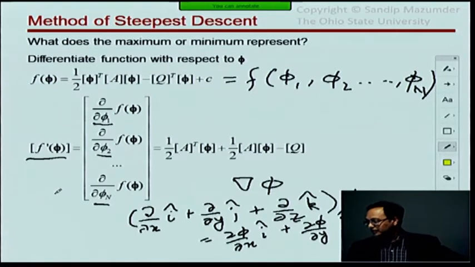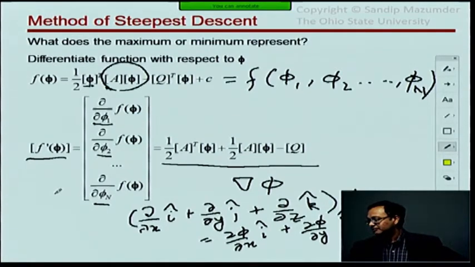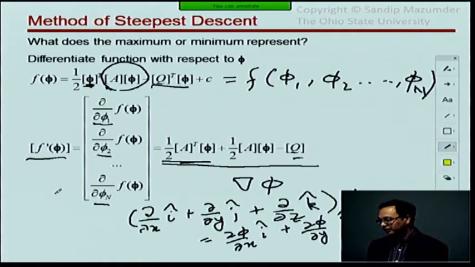It takes this part and finds the differential of that, which gives you that, and then it takes the second part, so this is basically the chain rule applied twice. The last part, if you differentiate that, you just get q. Of course this is all done in matrix mode, so sometimes the transpose becomes the regular matrix and the regular matrix becomes the transpose. But that's the idea: this has been differentiated using the chain rule.